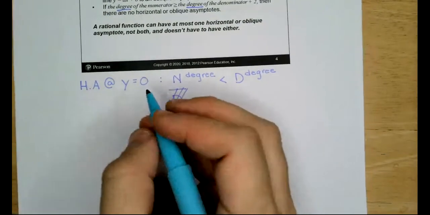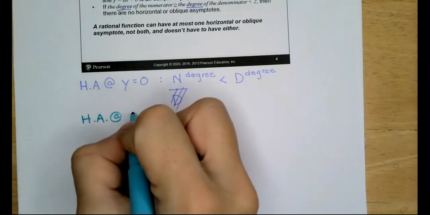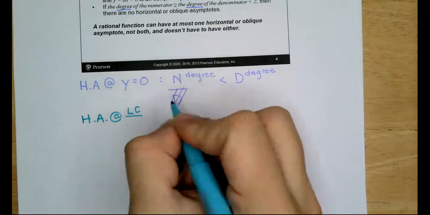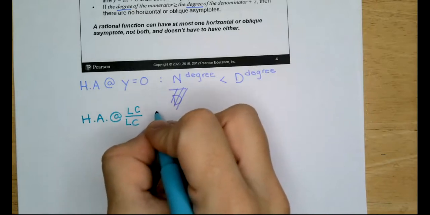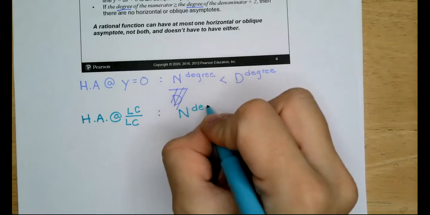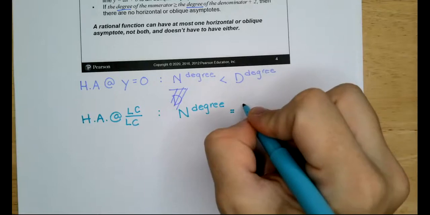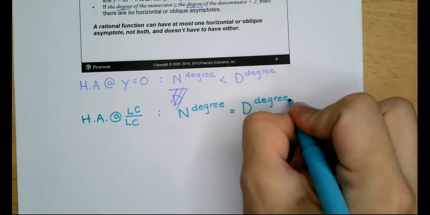If we have a horizontal asymptote at the leading coefficient of the numerator over the leading coefficient of the denominator, it is because the degree of the numerator is equal to the degree of the denominator.